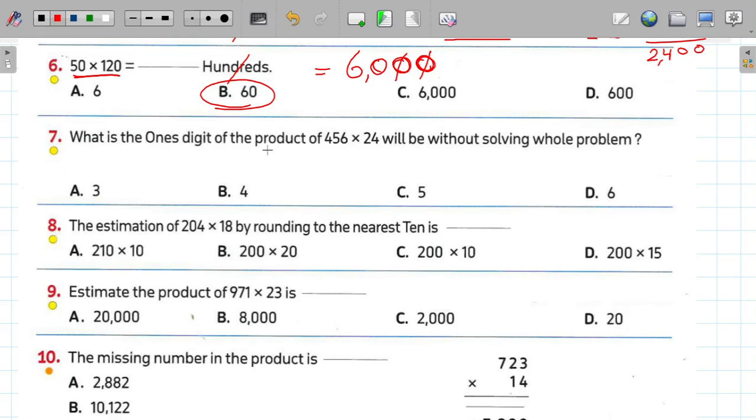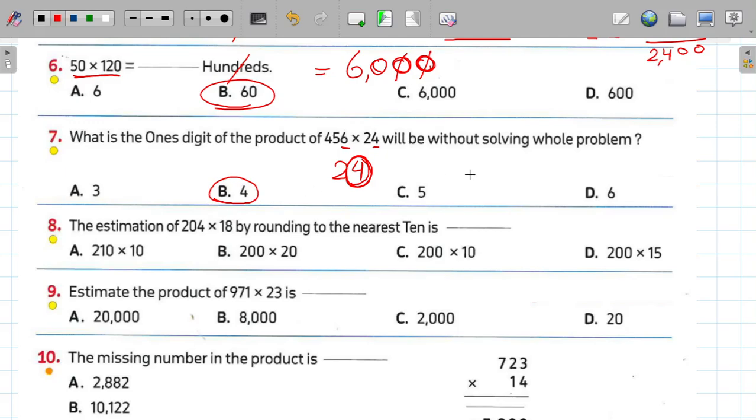I think we will try the ones digit first. I have 4 times 6. 4 times 6 equals 24. So the first digit here will be the ones digit of the whole result. Okay, so I think the ones digit here will be 4.